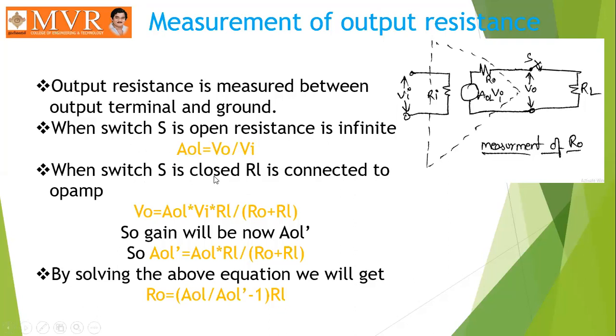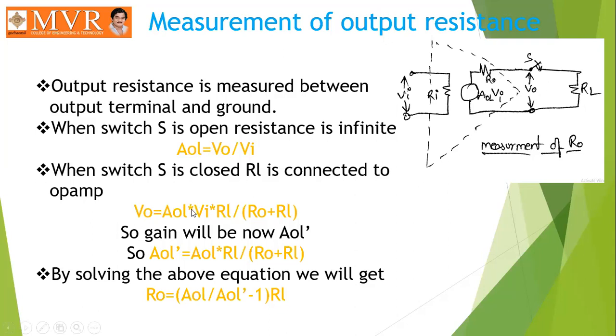When the switch is closed, this resistance RL is connected to the operational amplifier, and then it will be in parallel with R0.